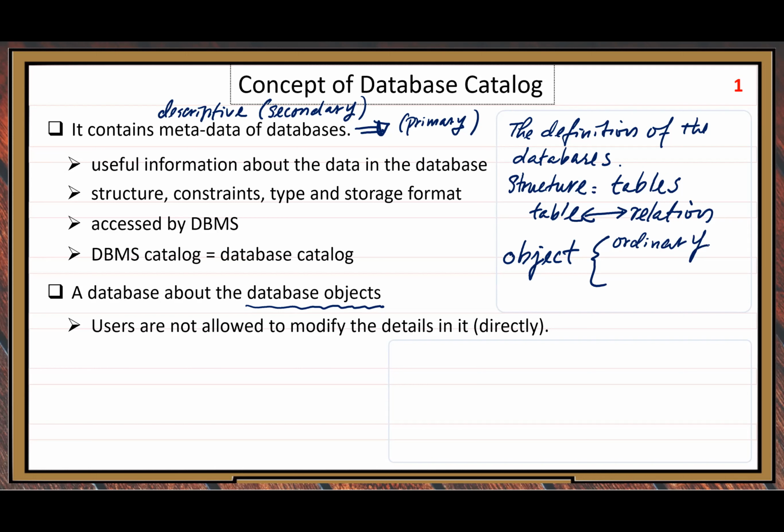In our daily life, we call things objects. This object, that object, this is the ordinary meaning. But we have some specific meaning, not the ordinary objects. Another type of objects, programming objects. In our programming language, we define objects, right? We create objects. That's not an ordinary object. So another type.